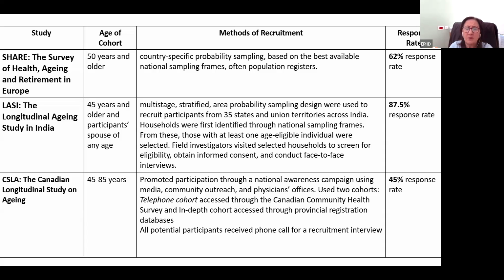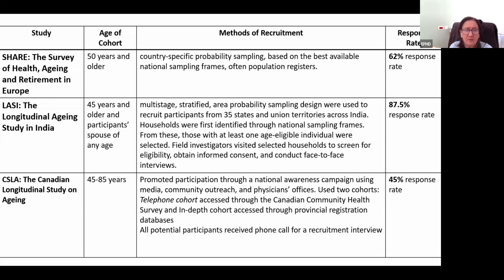The recruitment is based on a probability sample, which means it should be representative of the population distribution. They rely on national sampling frames or population registries. The response rate has been reported to be 62% participation when they established the cohort.